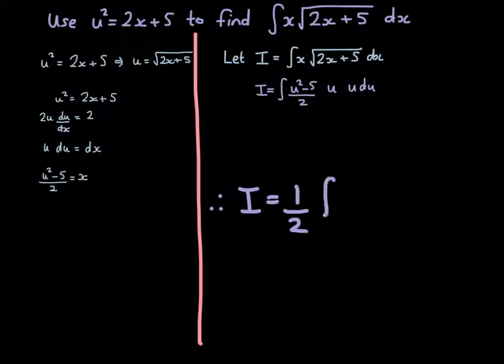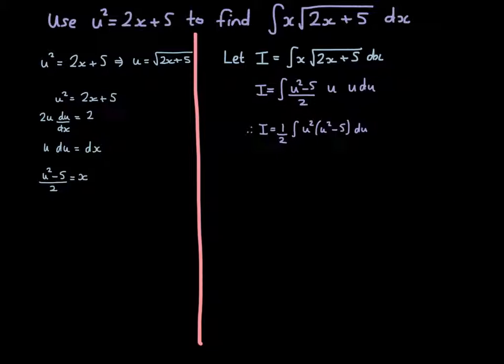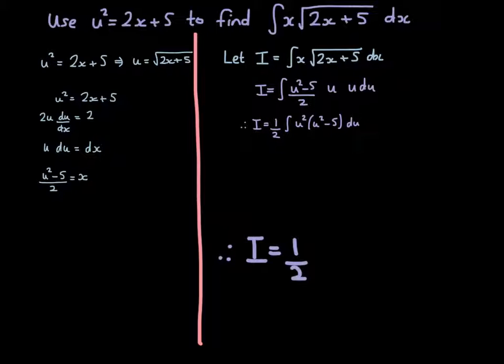So we'll have a half times the integral of u squared multiplied by u squared subtract 5 with respect to u. And if we just expand that bracket, we've got something really simple to integrate. So I is going to become a half the integral of u to the power of 4 subtract 5u squared with respect to u.